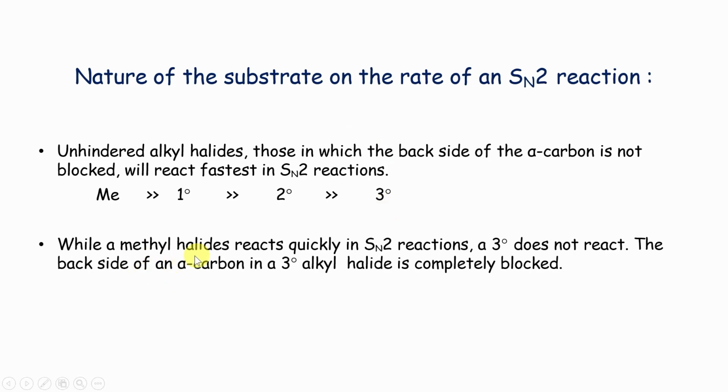While a methyl halide reacts quickly in SN2 reaction, a tertiary halide does not react. The backside of the alpha carbon atom in a tertiary alkyl halide is completely blocked for the attack of the nucleophile.